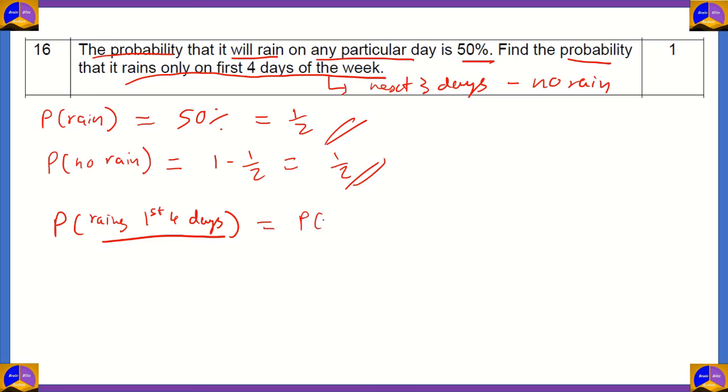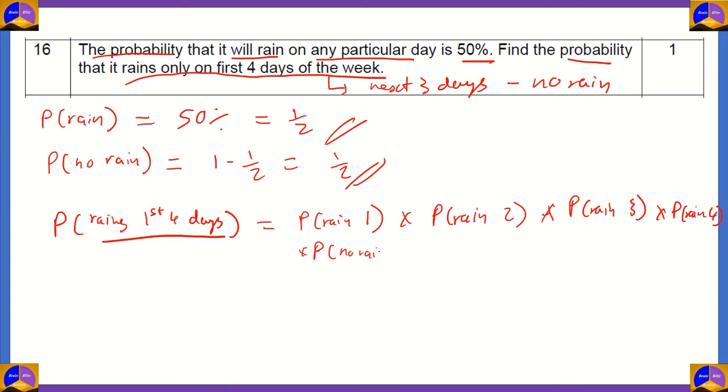That means P of rain on the first day into P of rain on the second day into P of rain on the third day into P of rain on the fourth day into P of no rain on the fifth day into P of no rain on the sixth day into P of no rain on the seventh day.